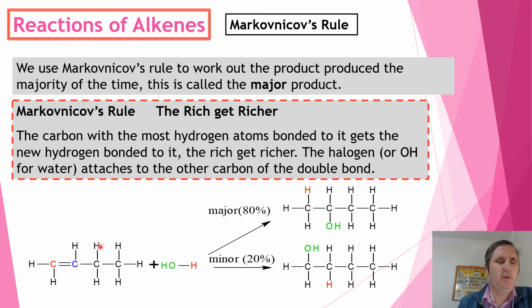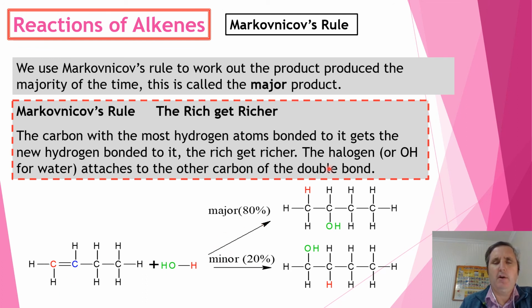Now that happens for the majority of the time these molecules react. Remember, in a solution or in a sample there might be billions of these molecules, and most of the reactions that happen will have the hydrogen added to the rich side and the OH added to the poor side. However, a proportion of them will go the opposite way around.